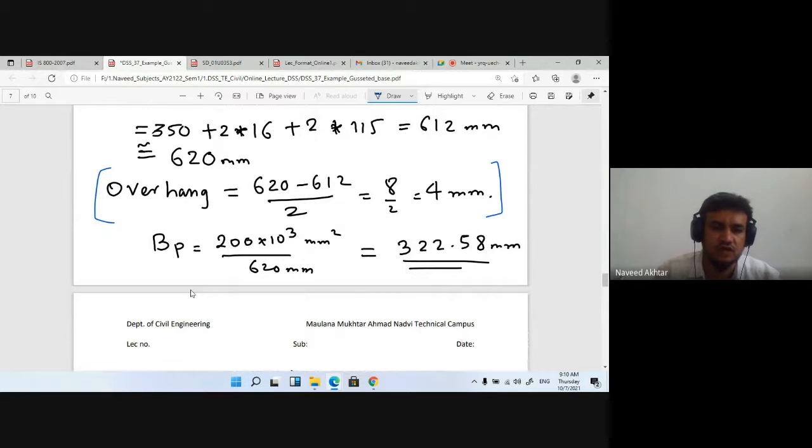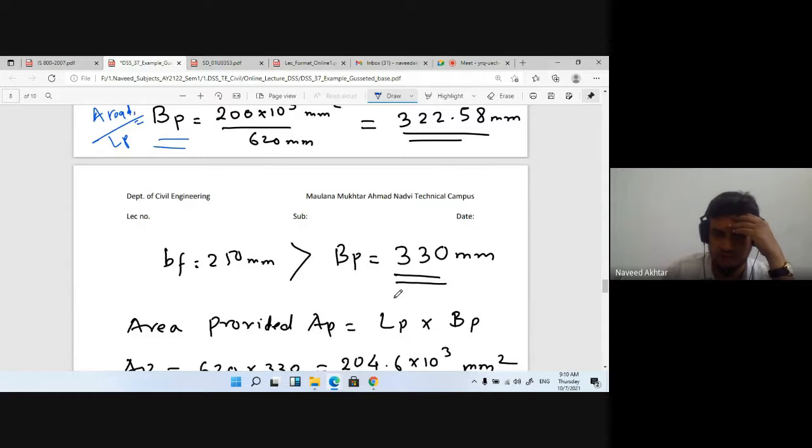Then you can find out the breadth of plate, that is area divided by length of plate. Area divided by length of plate will give the breadth of plate, and that is coming to 22.58, which we will round up.